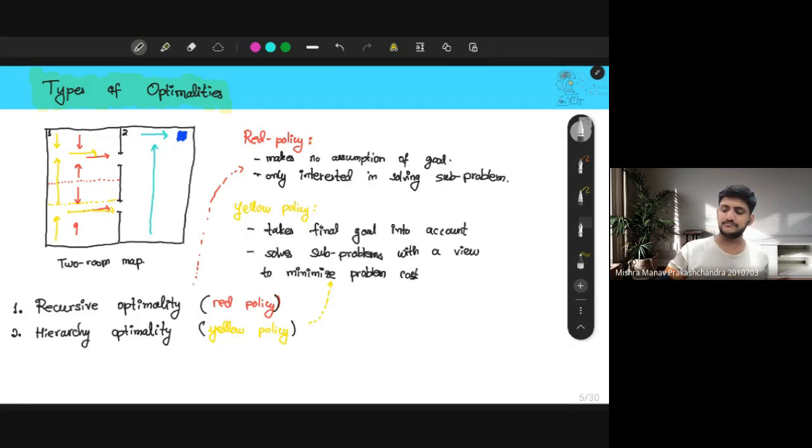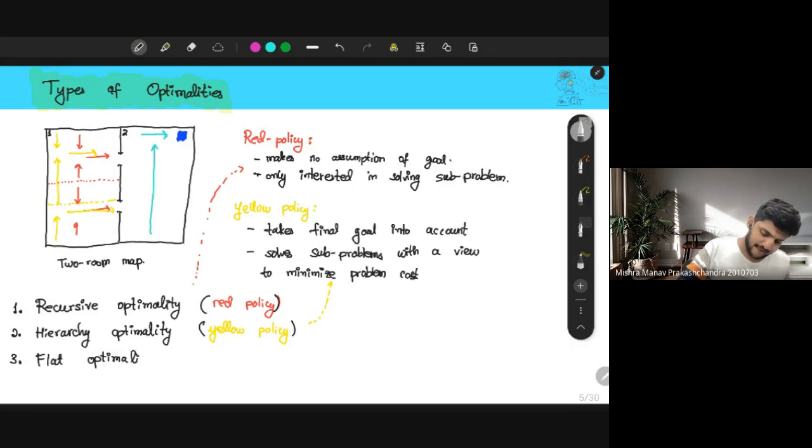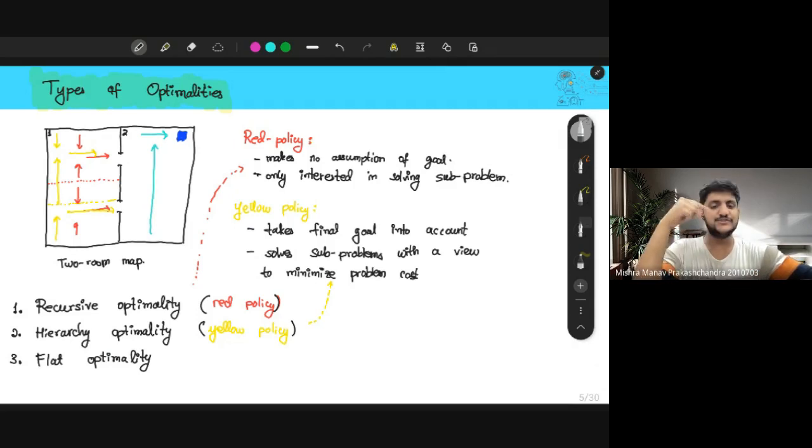Okay. And the third kind is known as flat optimality. So how do I define flat optimality? Typically what flat optimality does is it doesn't even respect the hierarchy.